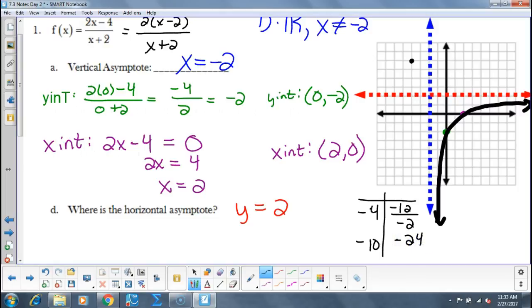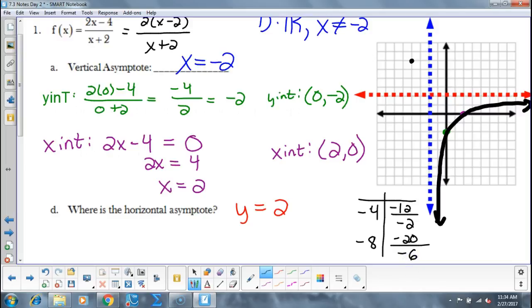Actually, hold on. I don't think I'd even go out 10. I think we only go out to 8 on this graph. 2, 4, 6, 8. Yep, I only go out to negative 8. So negative 8 times 2 is negative 16. Minus 4 is negative 20. Over negative 8 plus 2 is negative 6.